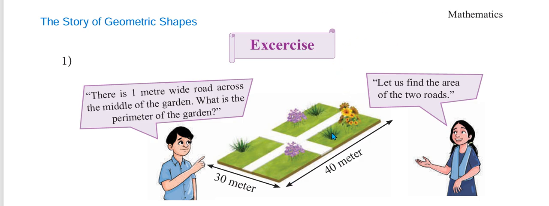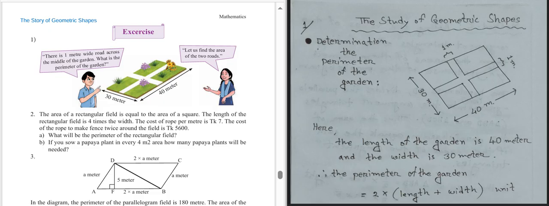When we add the length of the four sides, we will get the perimeter. So you can start like that. Here the length of the garden is 40 meter and the width is 30 meter. So the perimeter of the garden is 2 into length plus width unit.